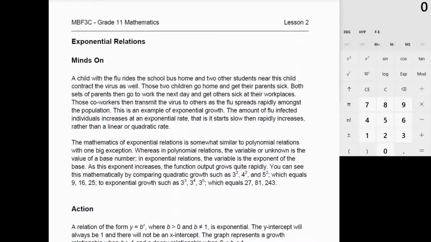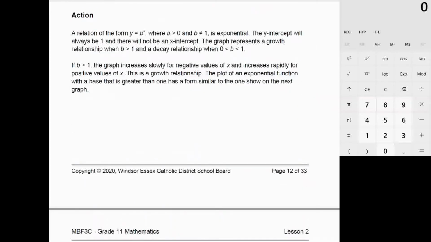So rather than evaluating a power where we know both values, the value of the base and the value of the exponent, in this case we're going to create a function where we have a power and the exponent is our independent variable, the variable that changes. So let's look at what this would mean.